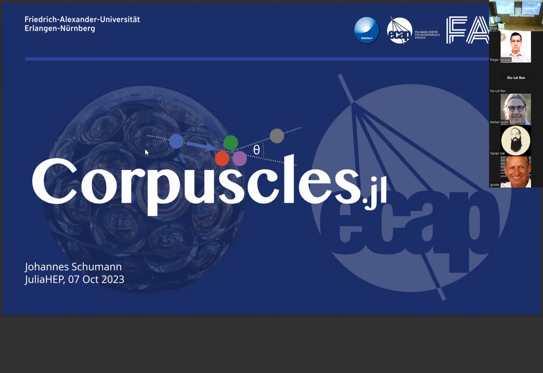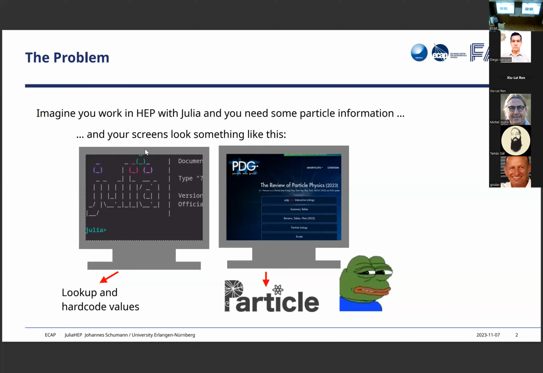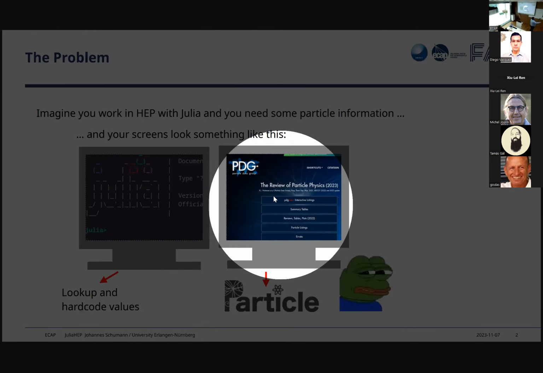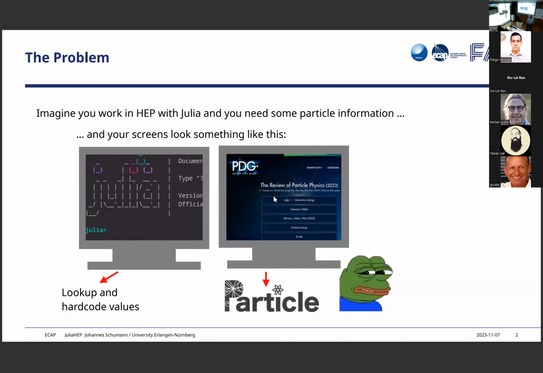So mainly, how did the idea come up? If you sit at your desk and you have both screens of your computer open, on one you have Julia open, on the other side you need the information from the PDG. Before Corpuscles, you had the chance to look up the values and just hard code them into your project, or use the existing Python project.